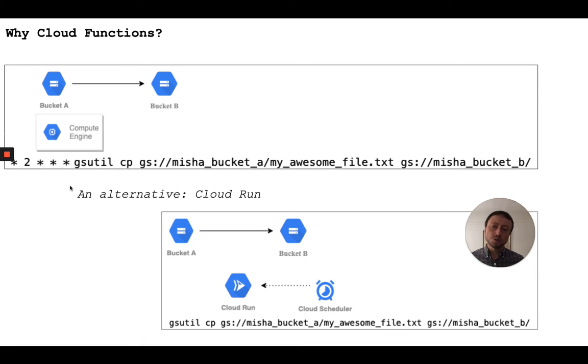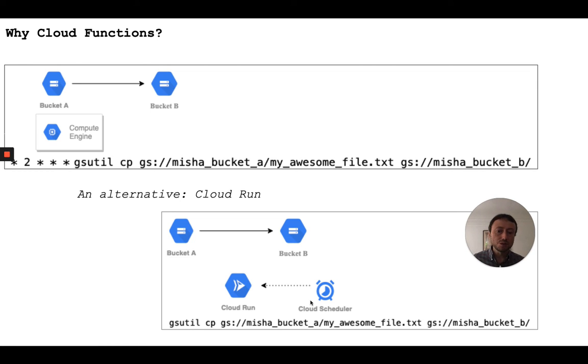So to answer those questions, let's go back to our first use case: bucket A to bucket B, a compute engine instance, and the nightly cron job. One alternative to that first use case that would work, that would not involve a cloud function, would be to set up a Cloud Run container that would essentially do the same thing.